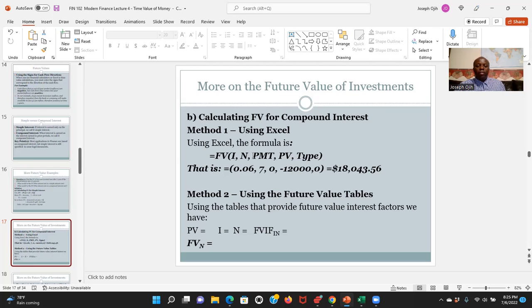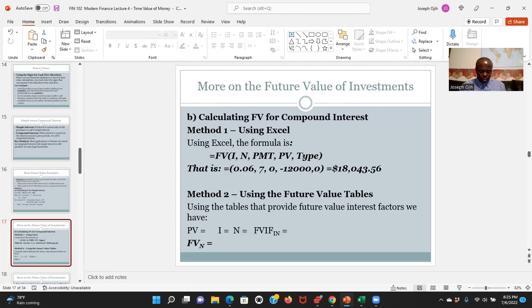So let's use Excel. For Excel, the formula is this. Remember, put equal sign, type future value, type the interest, number of years, payment, and then present value, which here means the amount that you invested, which is 12,000, and type. So let me write them down, and then we can put them in Excel.